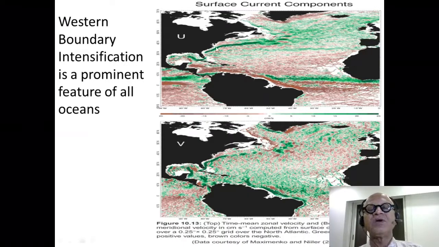Okay, we'll see what the transport is here, but I can just tell you that it's almost 250 times the transport in the Amazon River. That's a massive amount of water being moved by the western boundary current here.